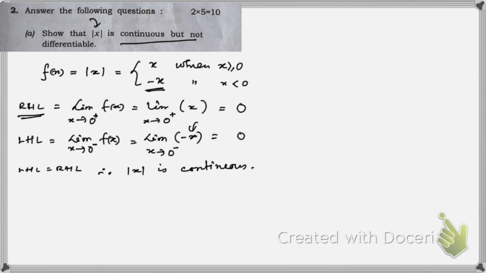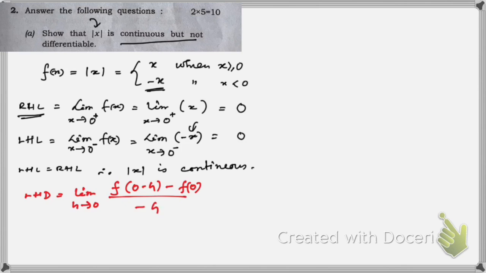So now you see, let us find the left hand derivative. It is given by limit h tends to 0 of f of 0 minus h minus f of 0 divided by minus h.